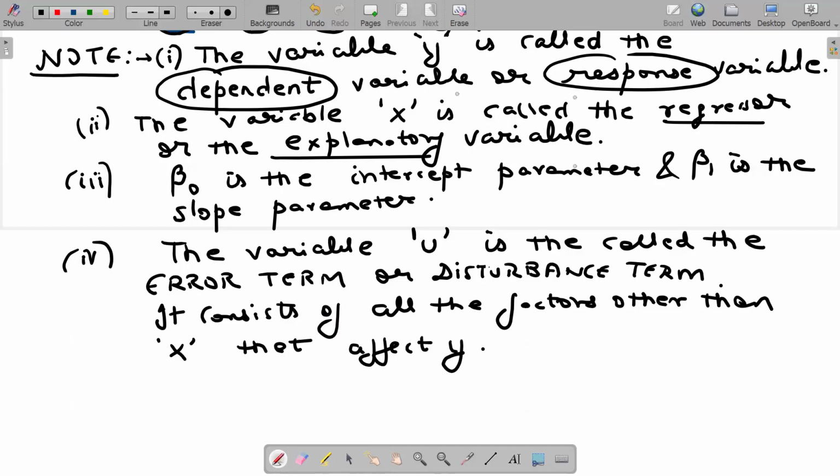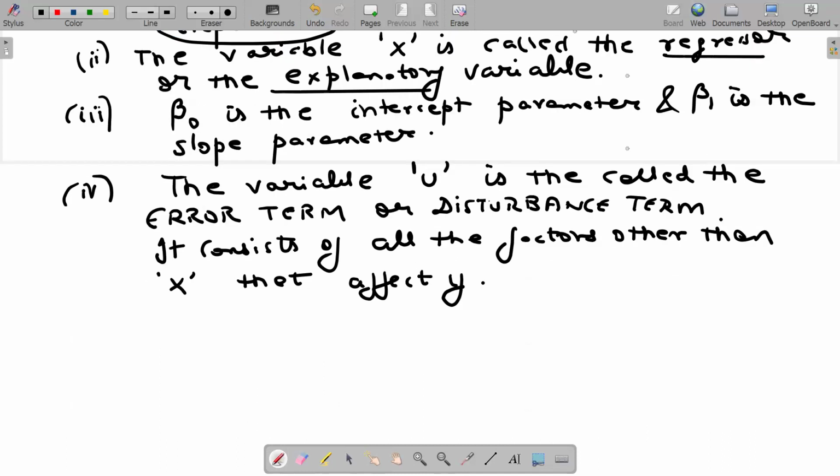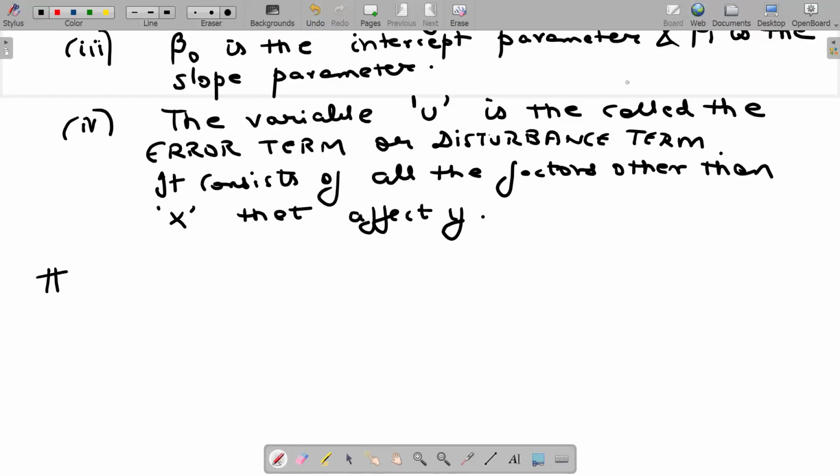Okay, now let's do a bit of algebra. Suppose I want to look at the change in this regression equation. Let's say if I go back to the original regression equation, this is y equals beta naught plus beta 1x plus u. Now let's dig deeper into the slope. How do we calculate that? How will I calculate the change in values? Let's say this is y1 equals beta naught plus beta 1 x1 plus u1.